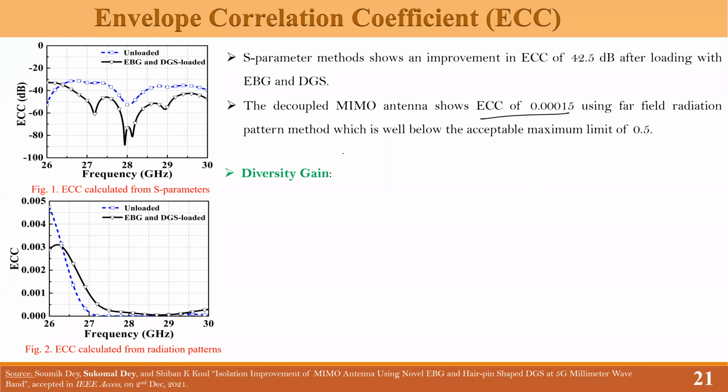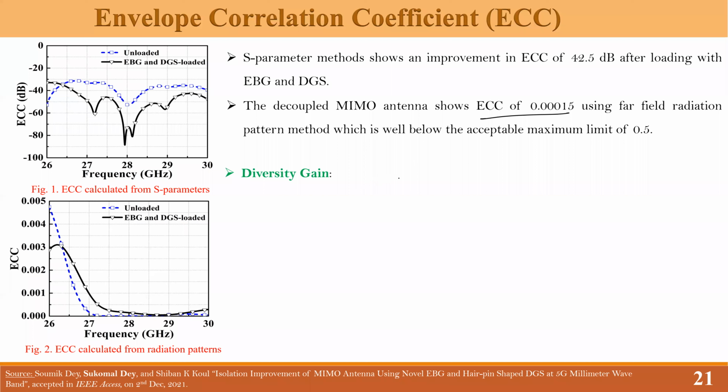Diversity gain gives you information about the probability of error. In communications, the probability of error plays a very important role.